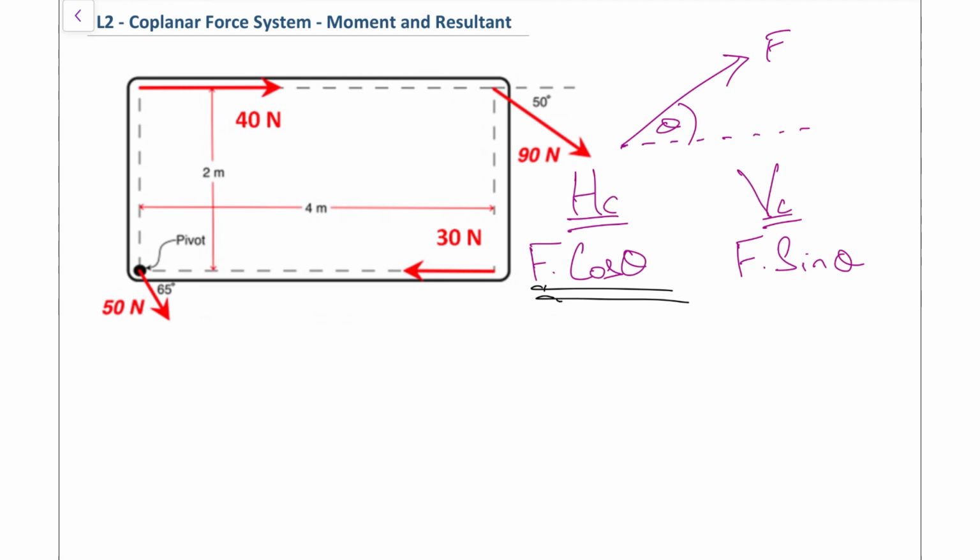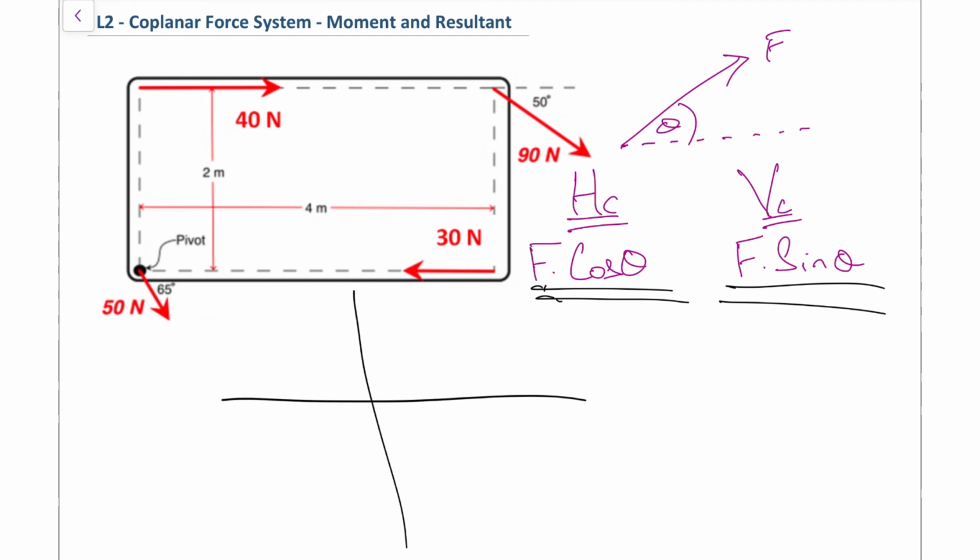You have to be able to do this first in order to really understand how we're going to put together the calculations. Now, the second thing that we need to understand is how to determine whether or not our force components are positive or negative. And to do this, I'm just going to sketch a coordinate grid. It's a rough sketch, and the vertical axis will represent our vertical force components.